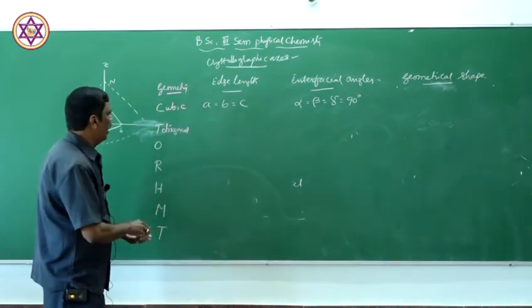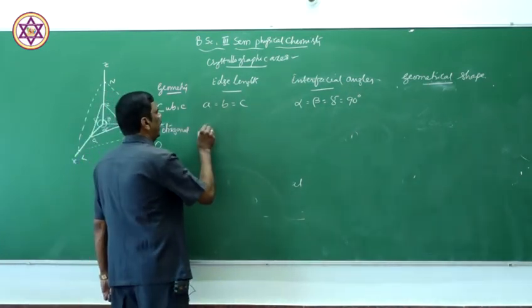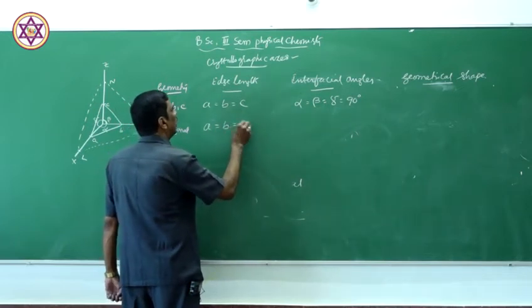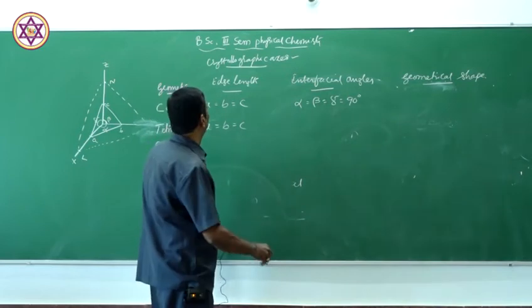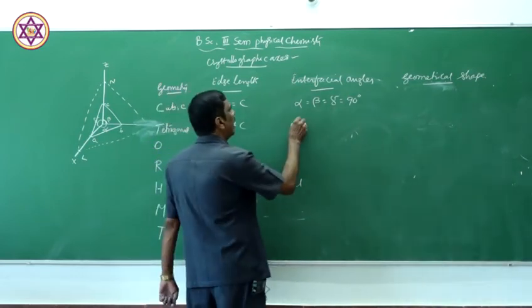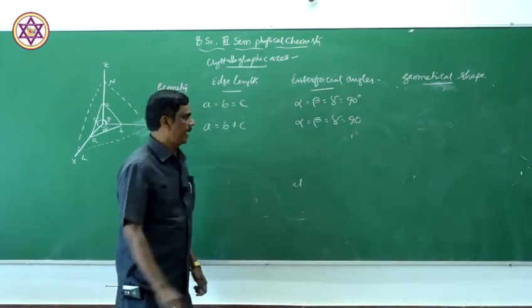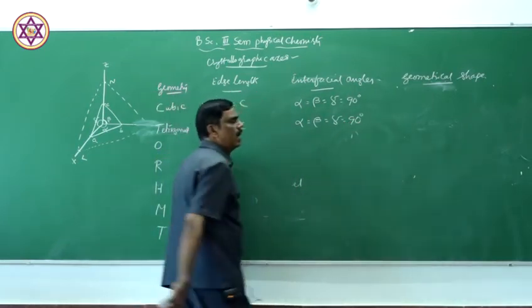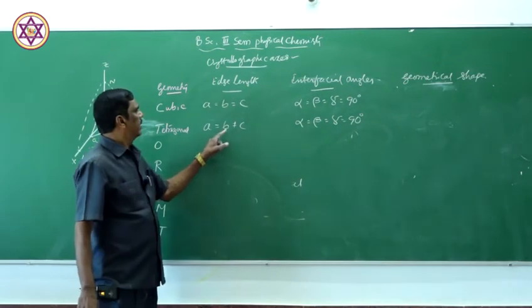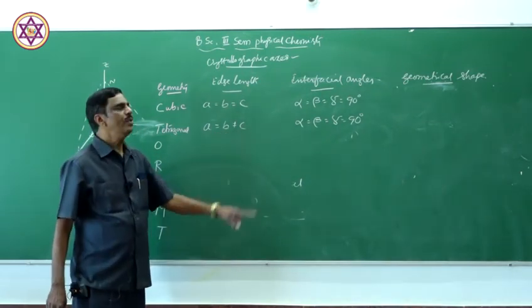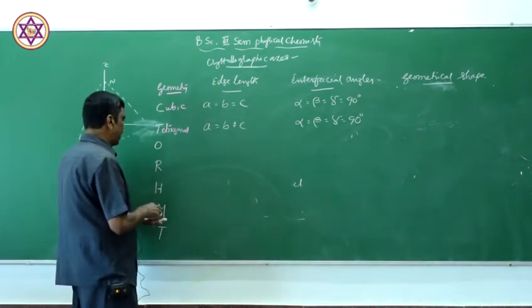In this tetragonal geometry, A is equal to B, not equal to C, alpha is equal to beta is equal to gamma is equal to 90. All of them are 90 degree interfacial angles, but the edge length A is equal to B, but B is not equal to C. That is tetragonal.